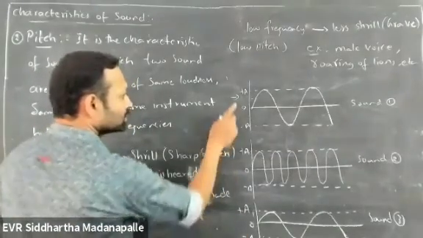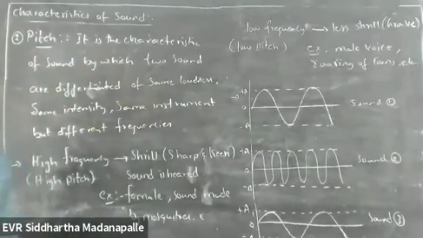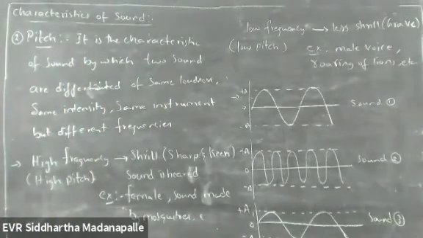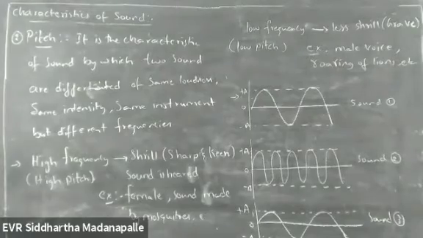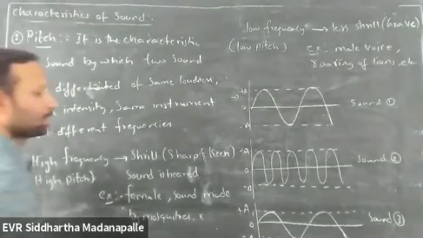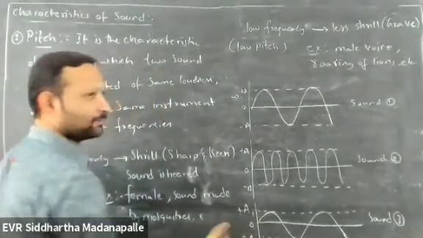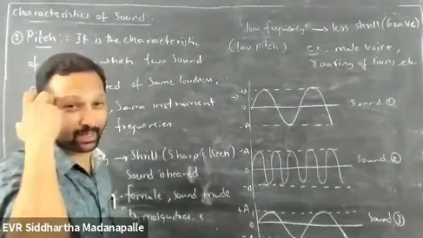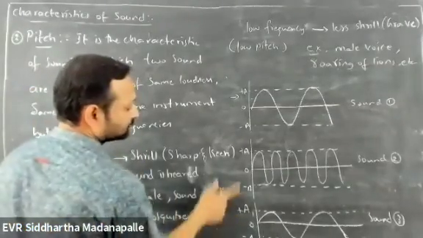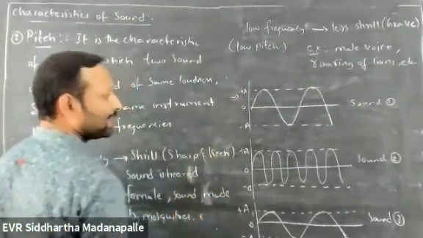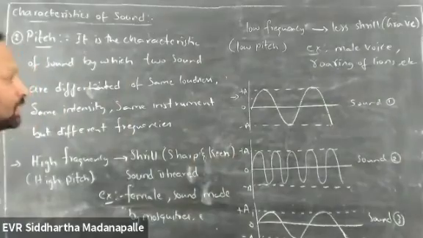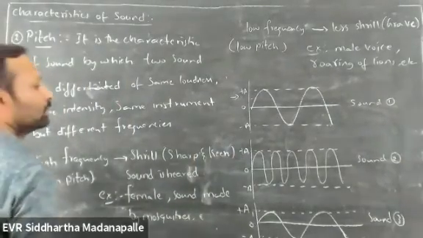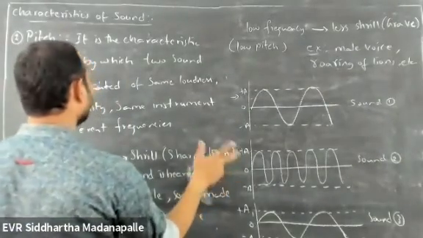So here sound 1 and sound 2 are having the same loudness, but sound 3 it is having the different loudness. ఎలా చెప్తారు అది different loudness by amplitude. ఇక్కడ amplitude same గా ఉందంటే loudness same గా ఉందంట. Okay, అంటే sound 1 and sound 2 are having the same loudness.